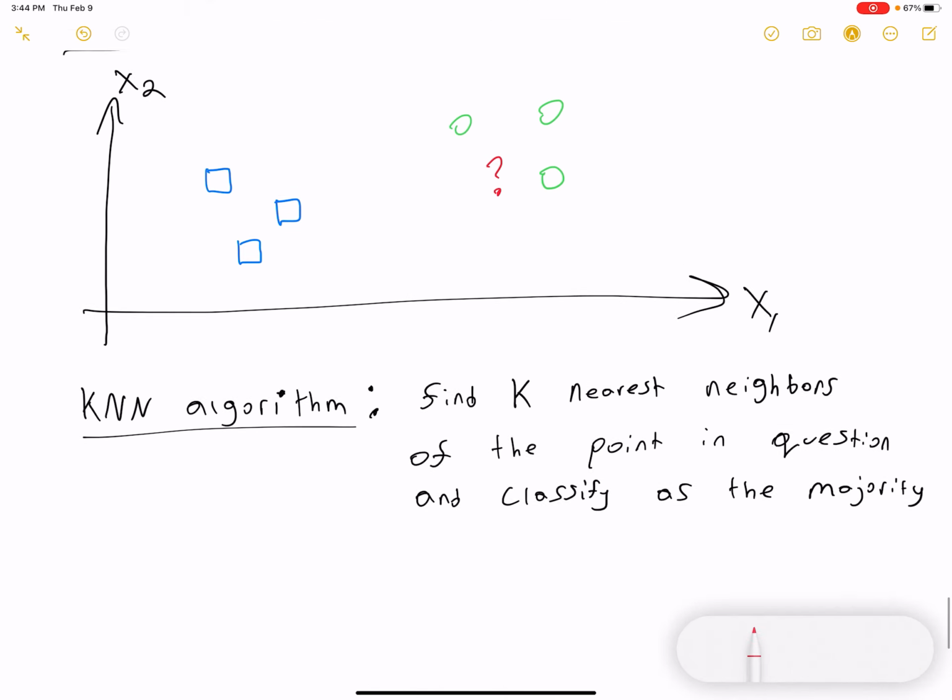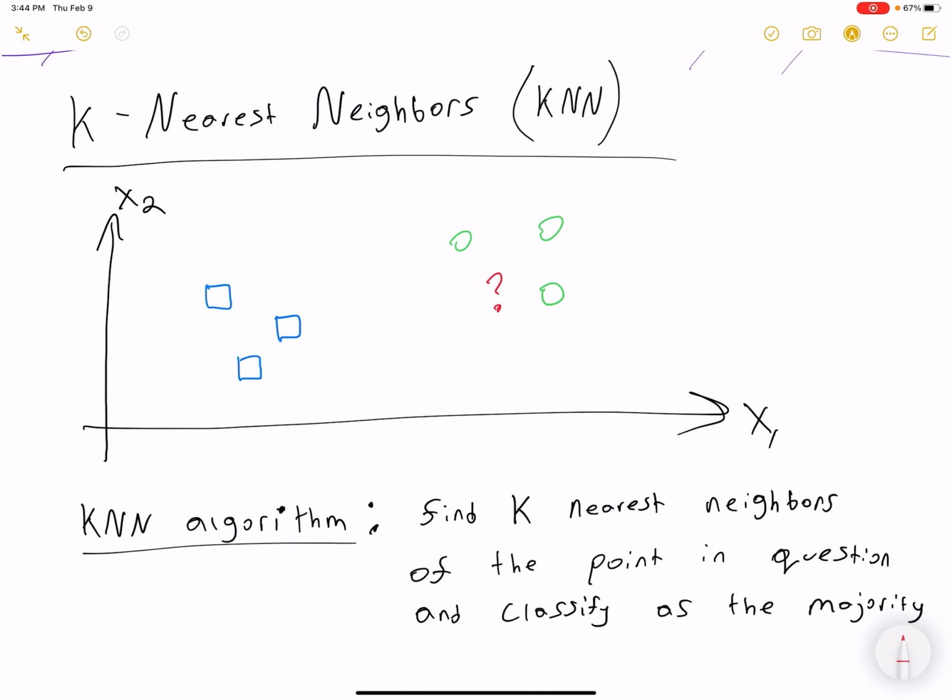And that's basically all there is to it. So for example, that's one neighbor, that's a second neighbor, that's a third neighbor. So with K nearest neighbors with K set to 3, we'd classify it as the green category.